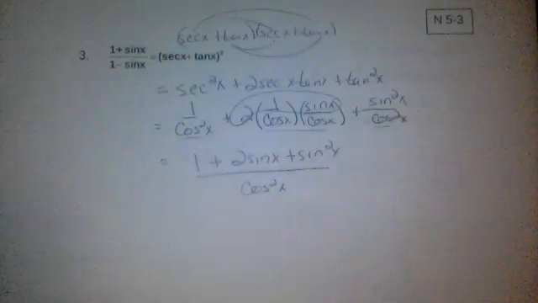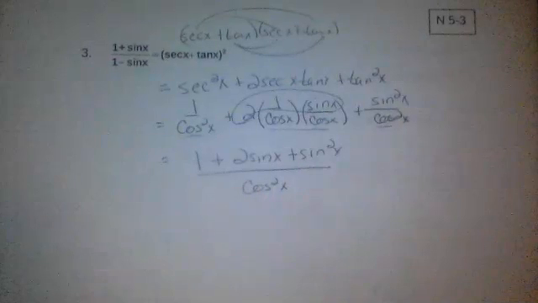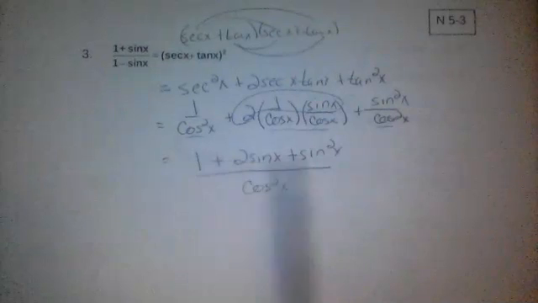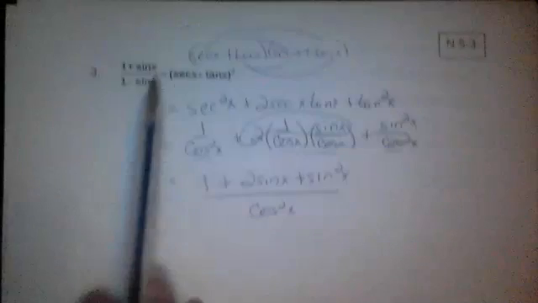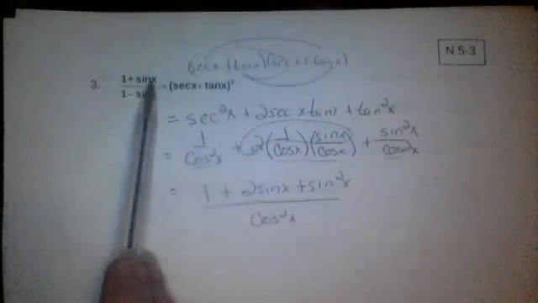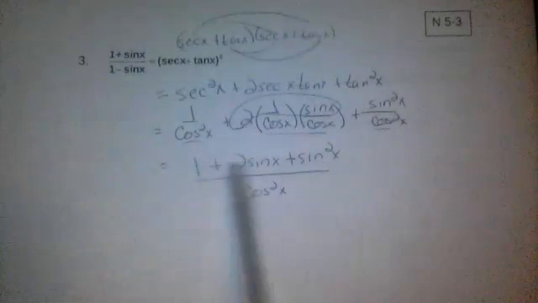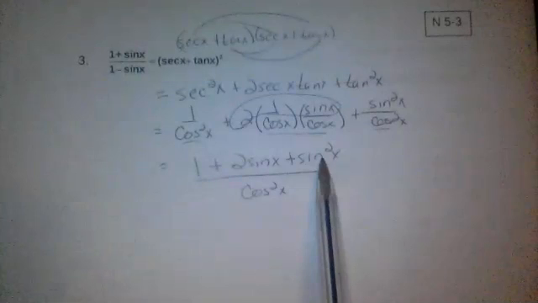Okay, so we still need to get everything in terms of sine. Now, the top part is looking better, but if you look over here, this is not squared. So we need to figure out what we could do to make this not squared as well.